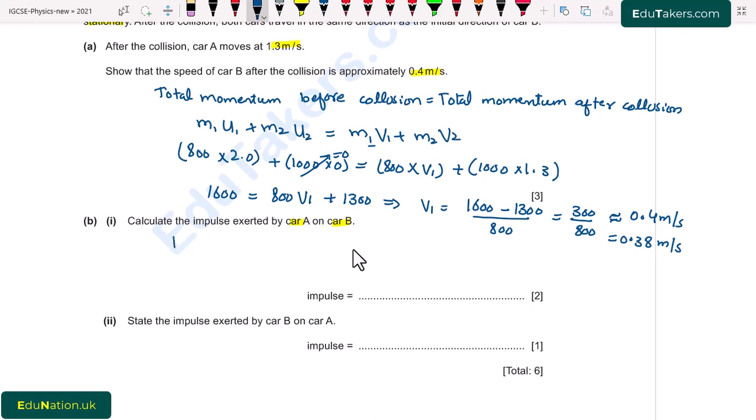I write here impulse I is equal to change in momentum, and it is represented by delta P. So impulse comes to be 1300, and its initial momentum is 0. So I write here 1300 minus 0, it is equal to 1300 Newton second.